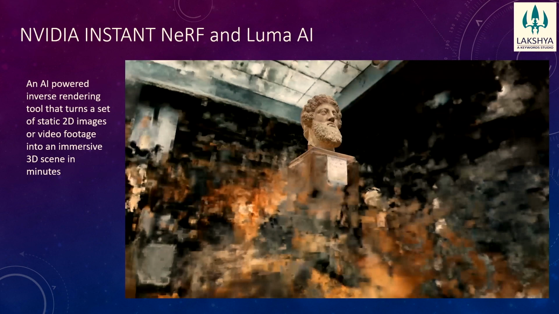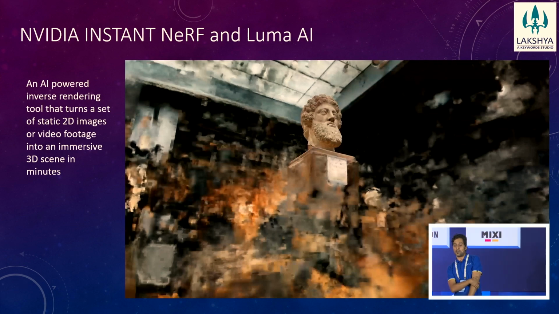NeRF, neural radiance field, is a new technique of capturing a three-dimensional object from source image references. It's kind of photogrammetry, you can say. It's still not on par with photogrammetry technology, but the best thing is it can handle reflective surfaces, surfaces that have reflection.